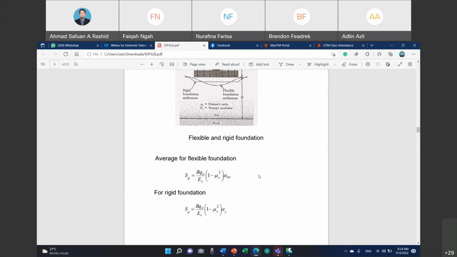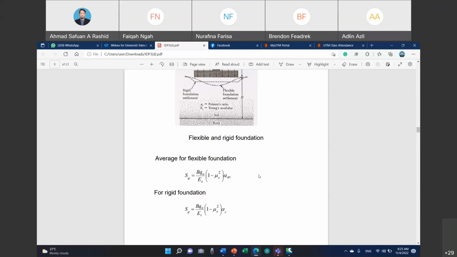Walaupun awak dah kira the bearing capacity, tapi when we apply the design load, the settlement from the design load exceeds 25 millimeter, so you need to reduce the load on the foundation, or you need to enlarge the foundation itself.